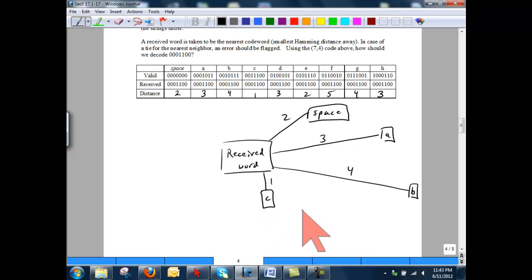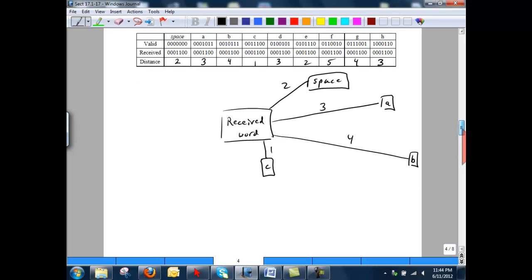You keep going like this, and then you say which one's closest, and I've drawn this picture to illustrate that 1 is obviously the smallest distance, and so we just pick the word that's nearest. We pick the dictionary word or valid word that's nearest the word that we have received and are trying to decode.